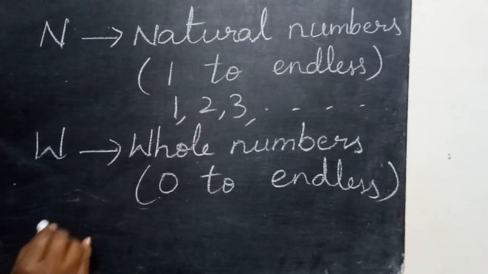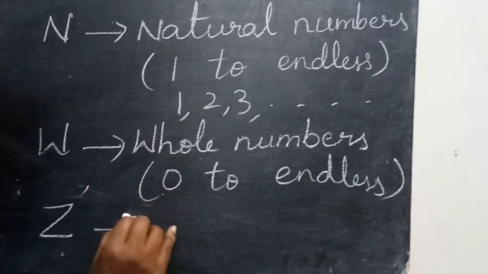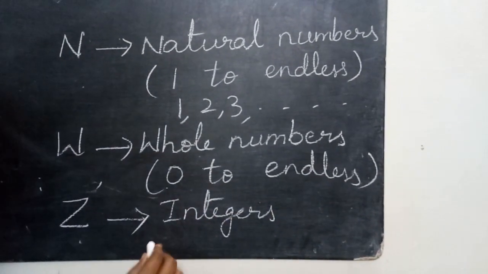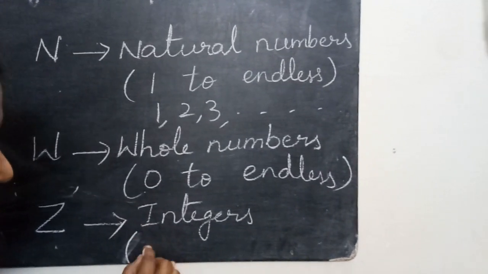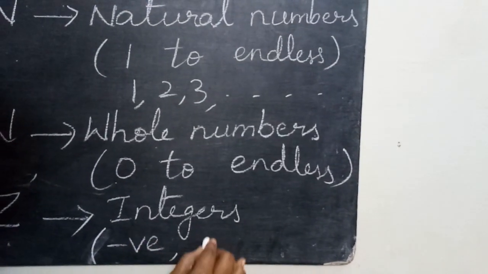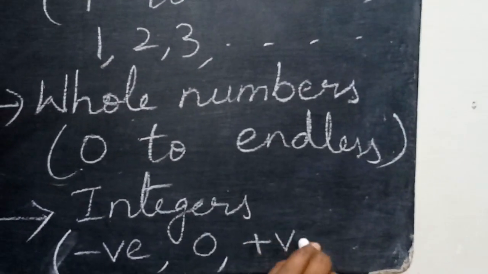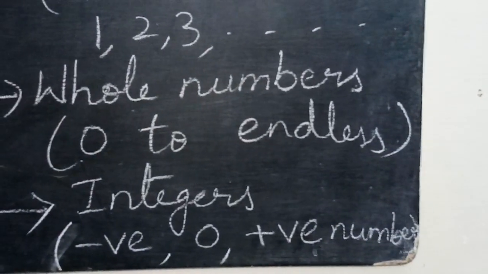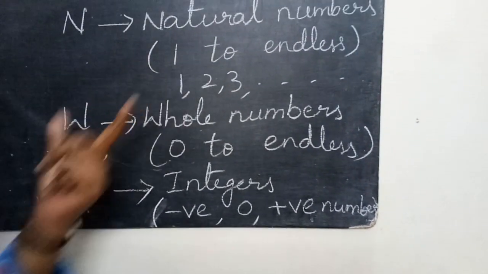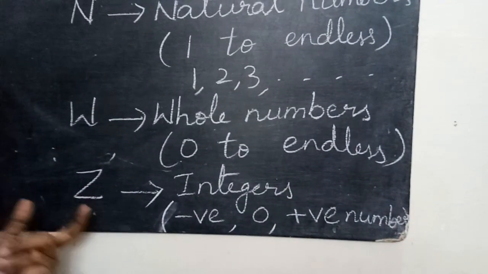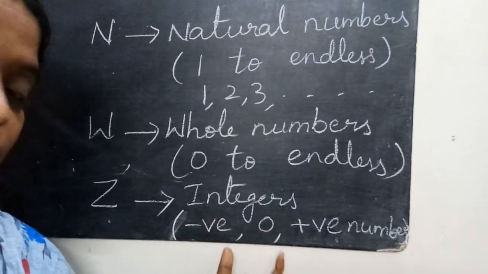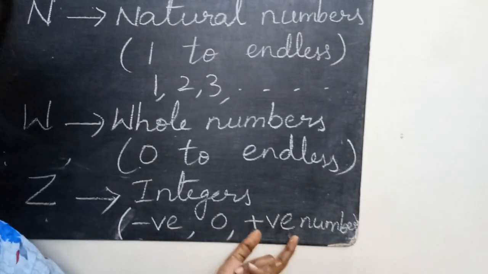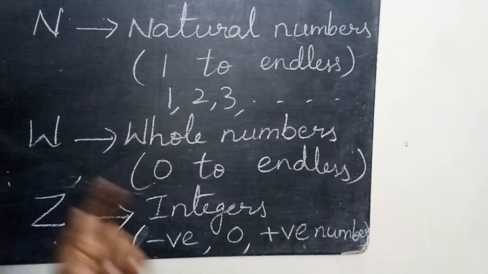It should be I. But the integers are denoted by the letter Z. Integers include negative numbers, 0 and positive numbers. Understood? So natural numbers 1 to endless, whole numbers 0 to endless, and Z, the integers: negative numbers, that is -1, -2, -3 and so on, and 0, and positive numbers. Positive means +1, +2, +3 to endless.